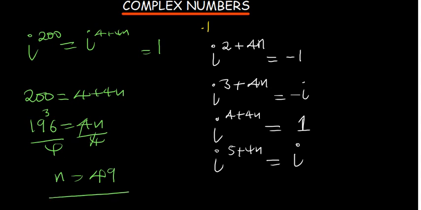So we see this is a whole number. n is equal to 49. n is a whole number. That means i to the power 200 is the same as 1 in simplest form. You can go on and try out i to the power 202, i to the power 409, i to the power 500. Write these in simplest form. So that is it.